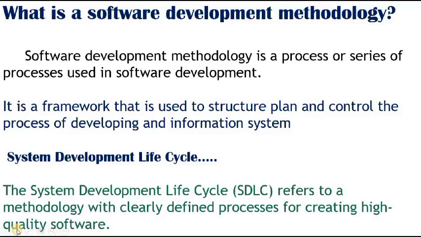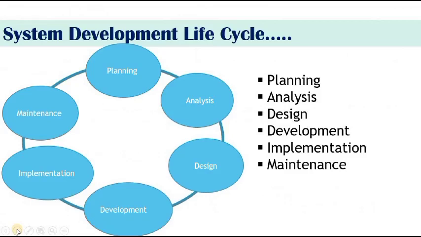System development life cycle. What is the system development life cycle? The system development life cycle, or SDLC, refers to a methodology with clearly defined processes for creating high quality software. There are 6 phases in the system development life cycle.